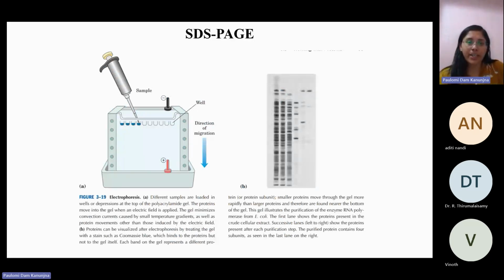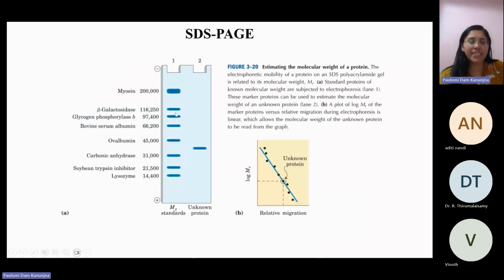Let's say 20,000 has only moved 5 centimeter. 66 has moved, let's say, 15 centimeter. So you know the relative migration, and you can find the log of these values, plot it, get this standard curve for your known markers, and then use your unknown protein's distance to find out its molecular weight.